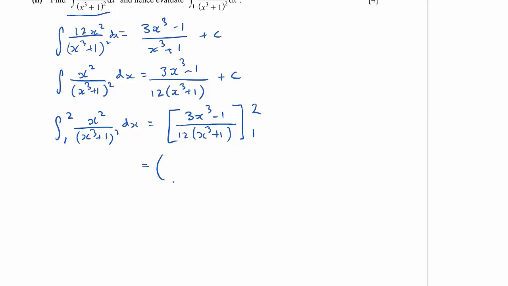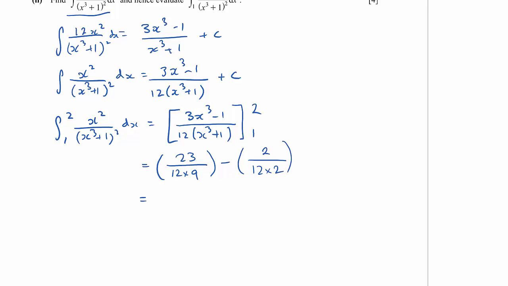So the top bracket is going to give me 2 cubed is 8, times 3 is 24, so we've got 23 over 12 times 9, take away, put 1 in here, and we end up with 2 over 12 times 2.